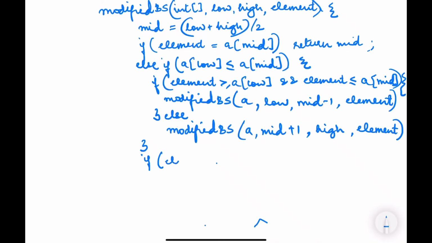So we are going to say that if element is greater than or equal to the middle element and element needs to be less than or equal to the higher element.